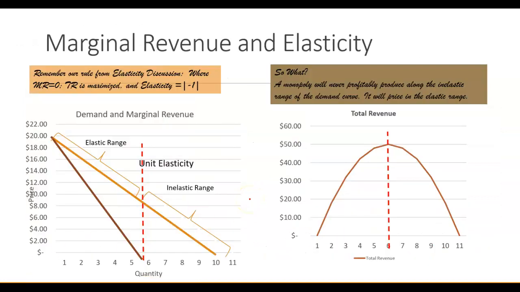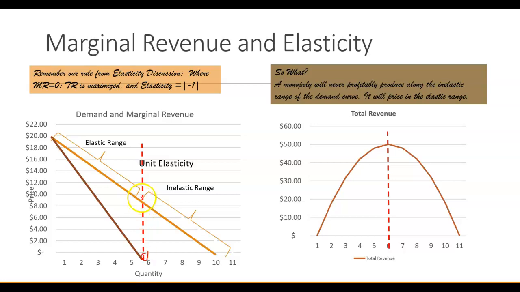So from that information, we get some important decision rules. Recall from chapter 6, we were looking at elasticities. And we have 3 ranges of elasticity in our demand curve. We have the elastic range, we have the unit elastic range, and we have the inelastic range. Note that at unit elasticity, somewhere between 5 and 6 units, our marginal revenue is equal to 0.